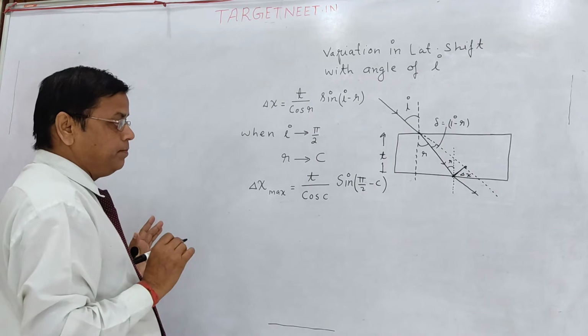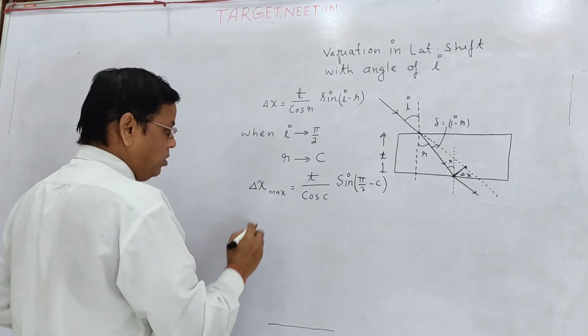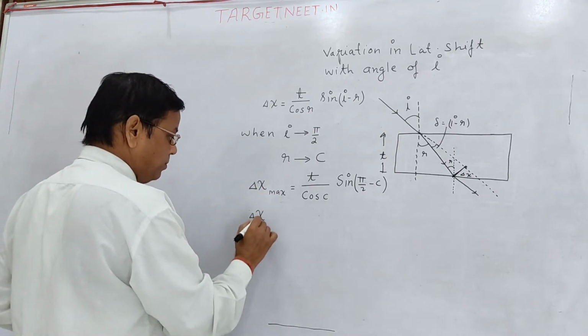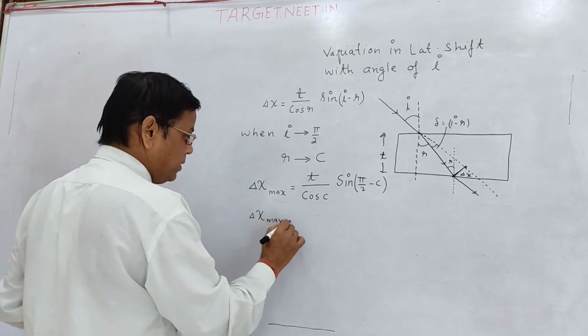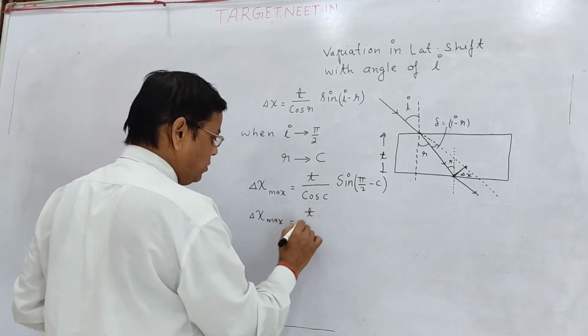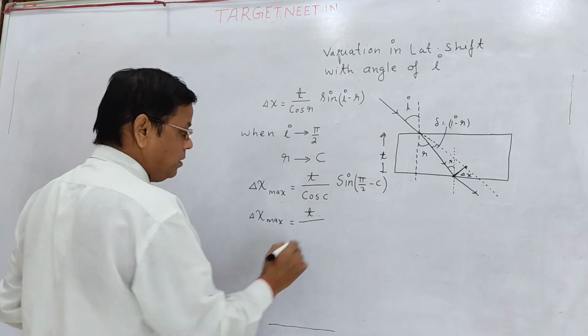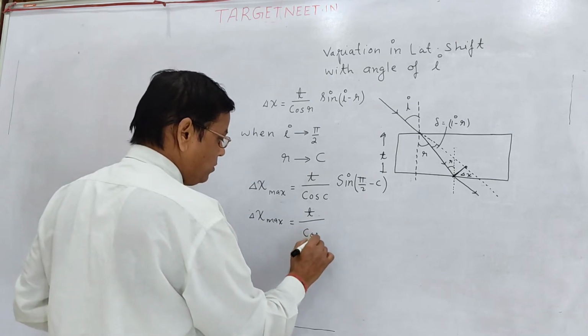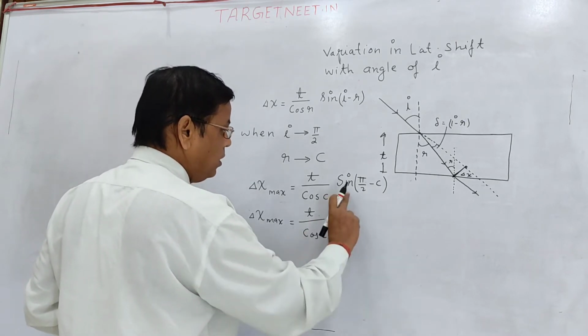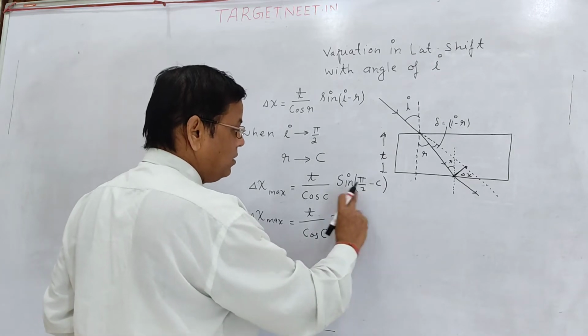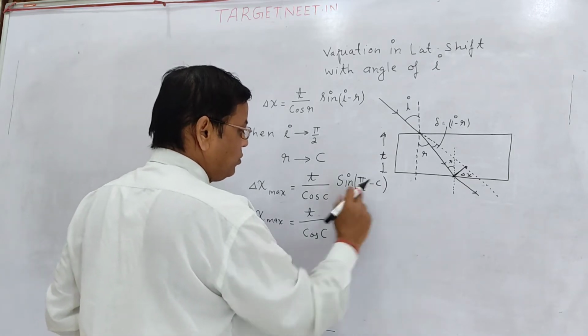So this is my maximum lateral shift, and this will be t, the thickness of the glass slab, divided by cos C into sin(90 minus theta), which is cos theta.